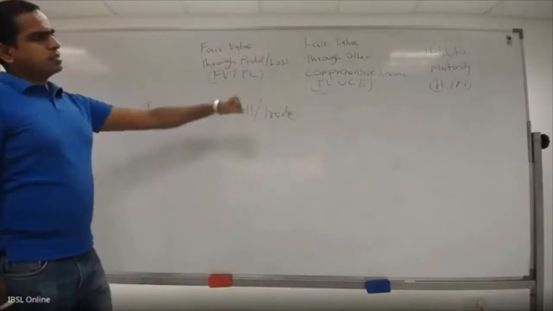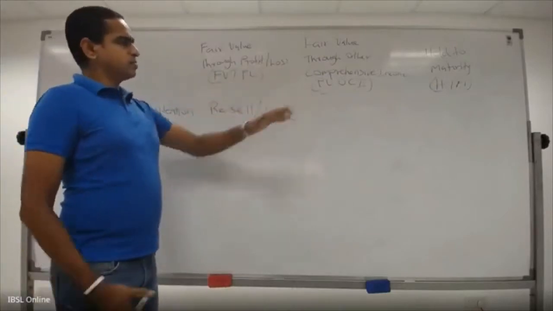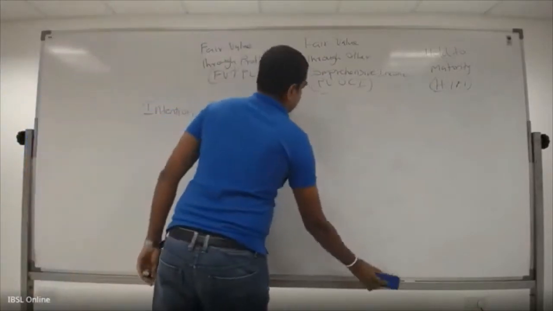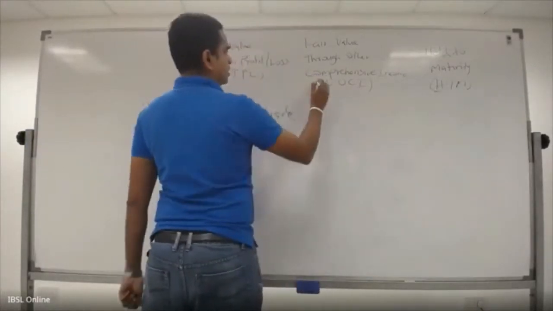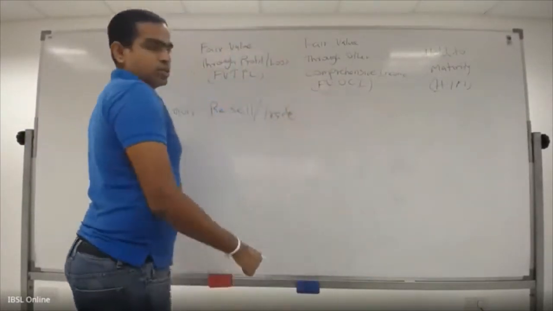Then if you categorize under FVOCI, sorry, you got confused with present value and future value. This is not future value, it is fair value for the comprehensive income.